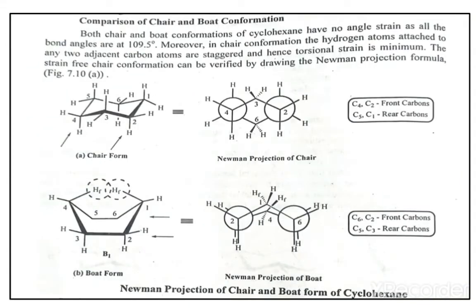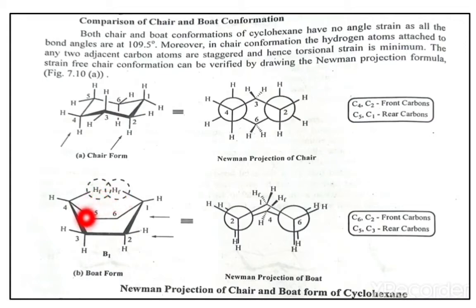From this chair and boat, here we draw this chair conformation and its Newman projection, and here the boat conformation and its Newman projection. Now the torsional interaction of the 4 pairs of eclipsing hydrogen and the flagpole interaction increase the potential energy of the molecule in boat conformation, because in a boat conformation there is flagpole hydrogen interaction.